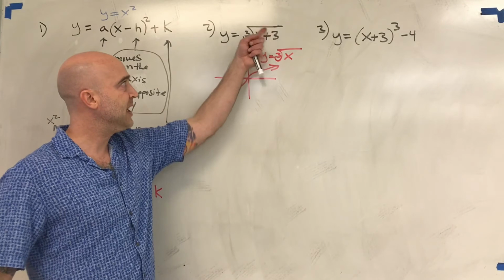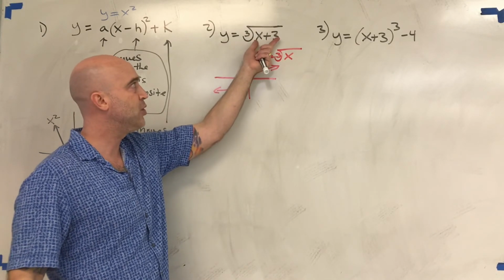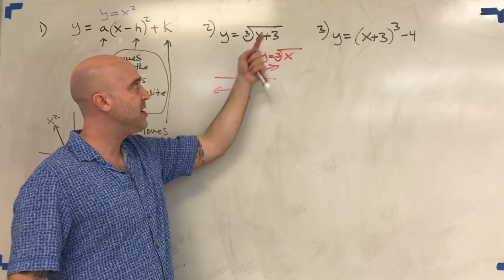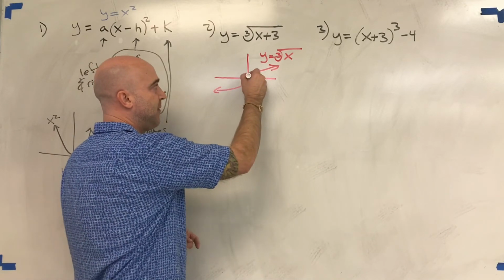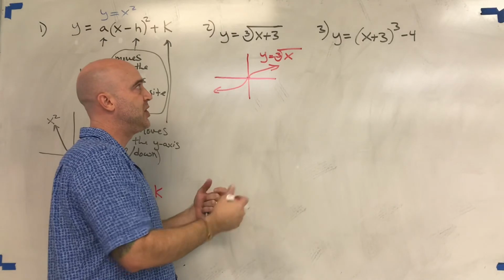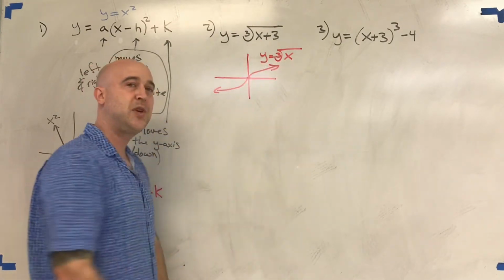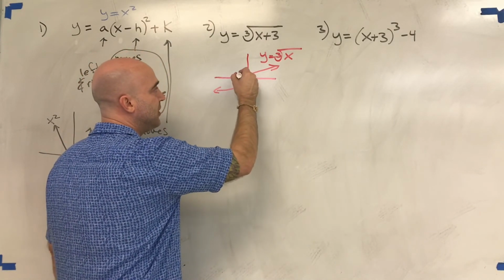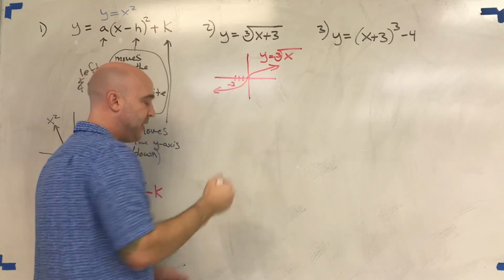Whatever's happening exactly to x inside what would be like the parentheses here, or that grouping symbol of the radical, is an opposite of whatever that number is. So this is basically moving, and for this one, I'm focusing on where that shift is going on at, the origin. So this shift would move 3 units in which direction? In the negative direction. That's a positive 3, so it goes to the negative 3 on that one.